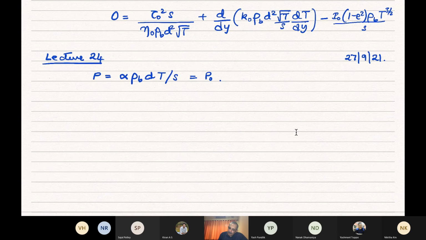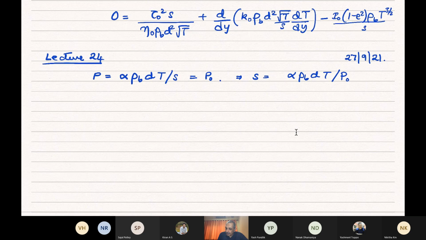So since the pressure is constant, you see that S and T are proportional to each other. And so this gives us that S is just equal to alpha rho B d T by P0.